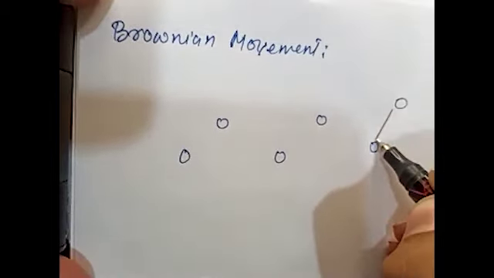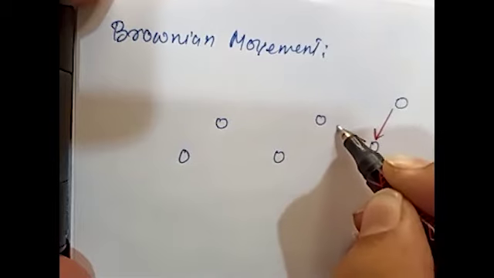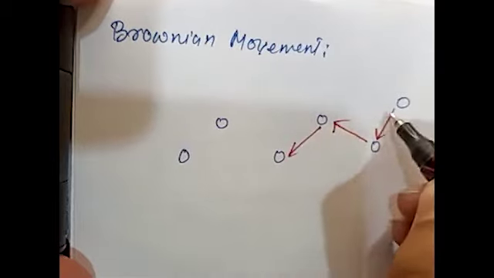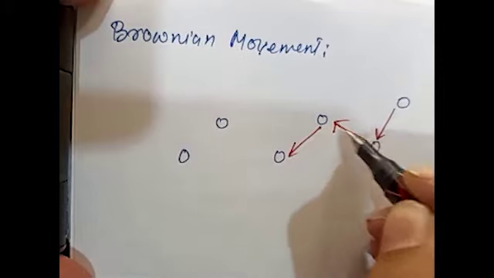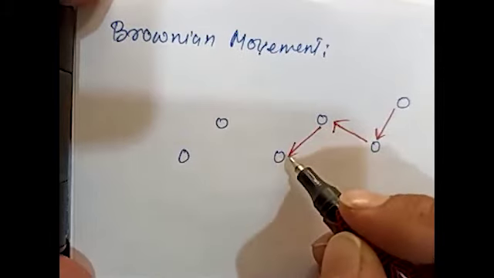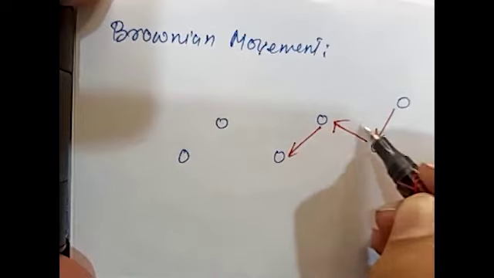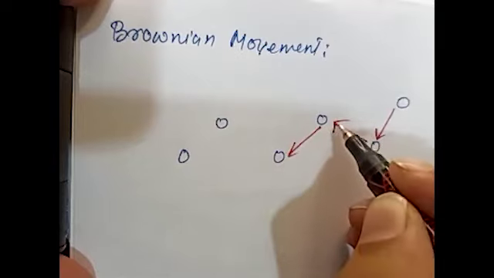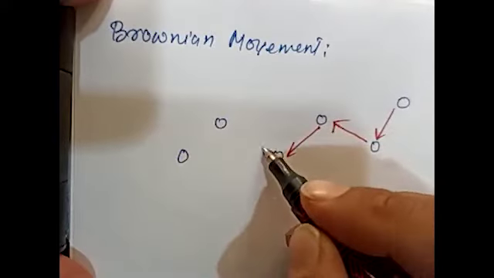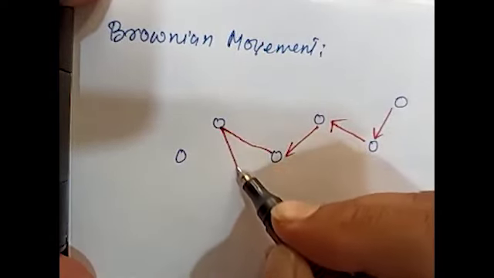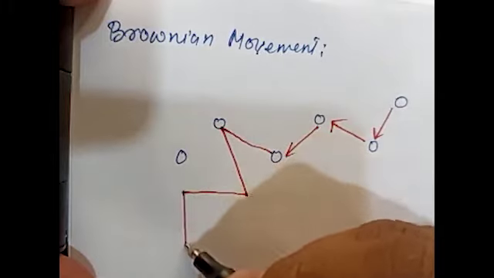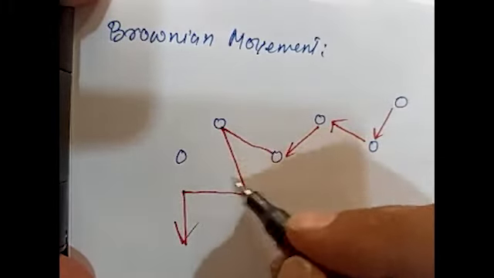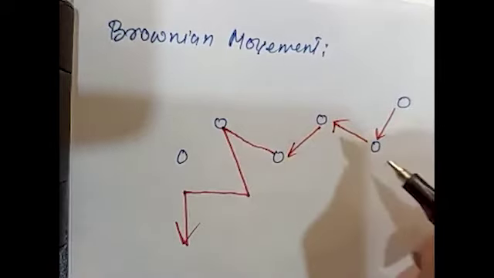These particles are coming and bombarding. One particle hits another particle. This red one is some kind of particle. It is coming, hitting somewhere, going somewhere. So if it is a molecule, it will always have a zigzag kind of motion.